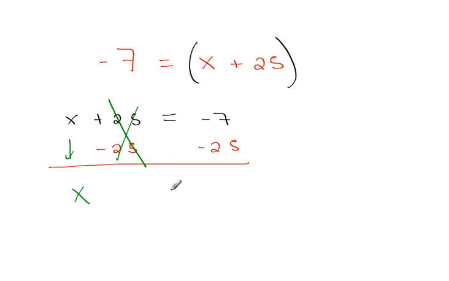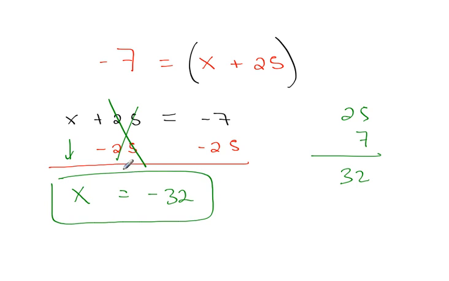It's gone from the left-hand side. Equals. And then this is my integer practice. I have negative 7 and a negative 25, or minus 25. So 25 and 7, they have the same signs. So I find the sum of these numbers, 25 and 7, yes? 32. And then since they're both negative, it's going to be a negative 32. And this is solving one-step equations with only addition and subtraction.